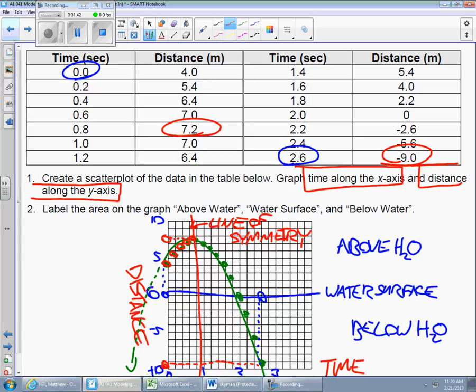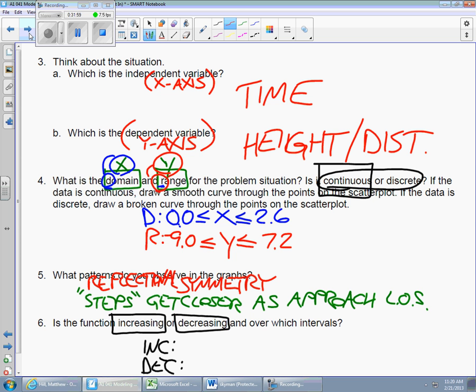Now, this is a little bit different. Of course, we can see the values. The graph starts at 0.0, and that line of symmetry is at 0.8 on the x-axis. So our interval of increasing is 0.0 on the x-axis up to 0.8.